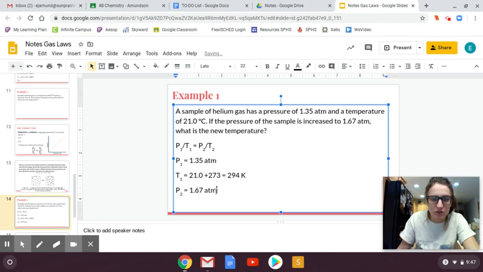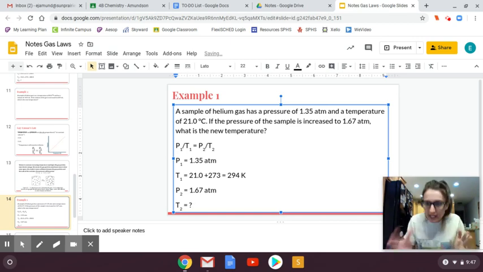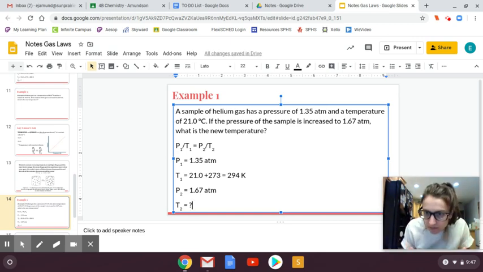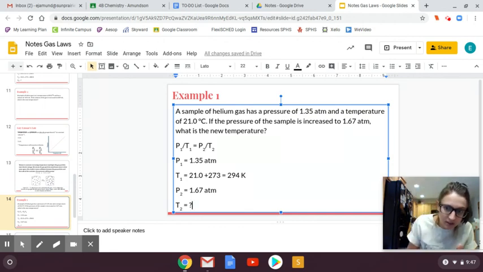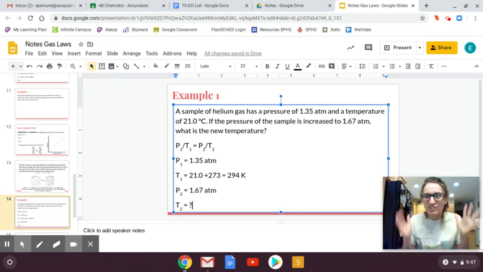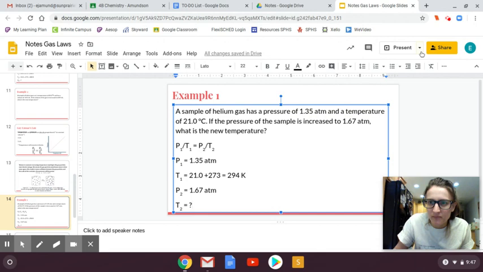And the question then is therefore, what's going to happen to the temperature? What will T2 be? Before we solve this, let's make a prediction. If the pressure is increasing, we should expect the temperature to, yes, increase as well, because they have a directly proportional relationship, all right? So let's solve this.